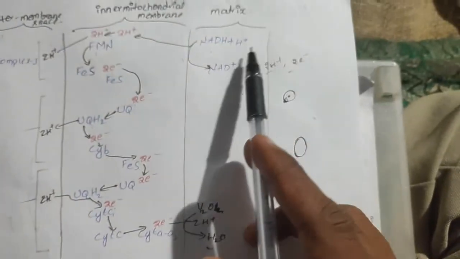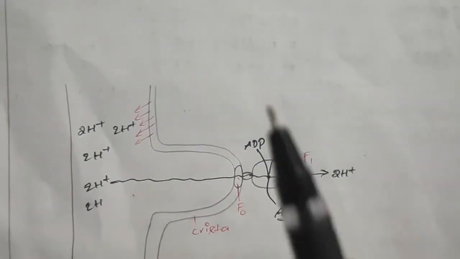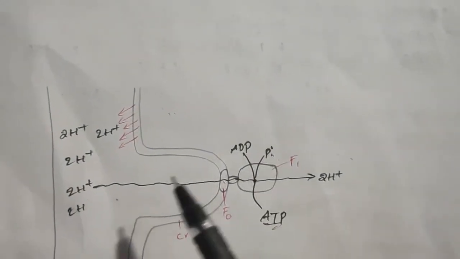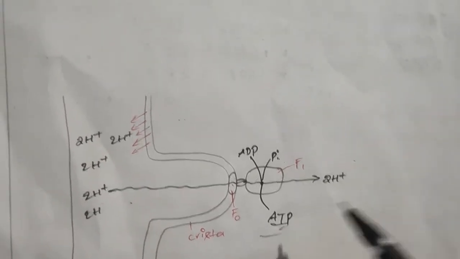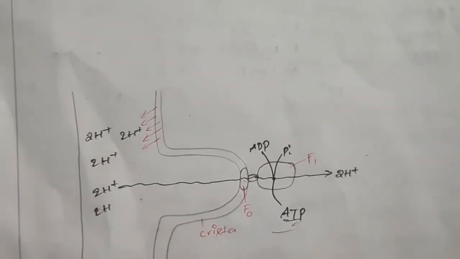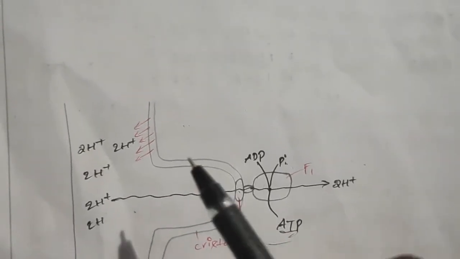Indirectly, our aim is to produce ATP, so indirectly this NADH2 is broken down, protons and electrons are released, and using these electrons and protons ATP is produced. Finally the ADP is converted into ATP. One NADH2 molecule brings one pair of protons and one pair of electrons.